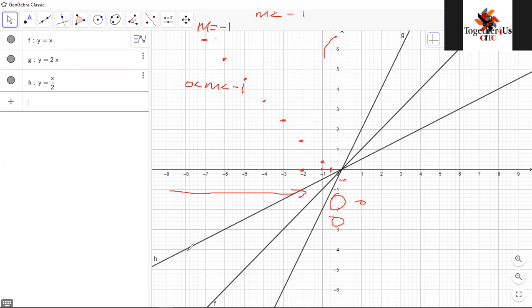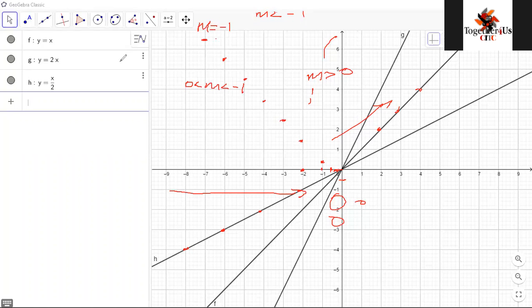If I read here, I had a y value of -4, now I'm having -3, and -4 is smaller than -3, so it's increasing. You can see -2, -1, 0, and I'm moving to 2, 3, 4, etc. So this one is definitely increasing. So what you need to understand is that when the gradient is positive, then you have an increasing function.